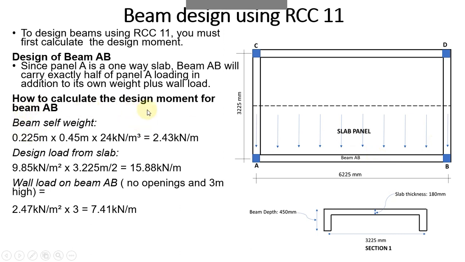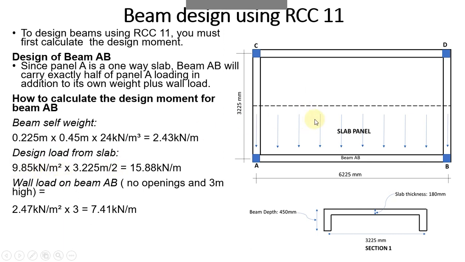So how do we calculate the design moment for beam AB? Beam self weight: we have 0.225 times 0.45 meters, that's the section of the beam, then times 24, which is the weight of concrete, which gives 2.43 kilonewton per meter. Now, design load from the slab. Remember, from the previous calculation of the slab panel, the design load we got was 9.85 kilonewton per meter squared.